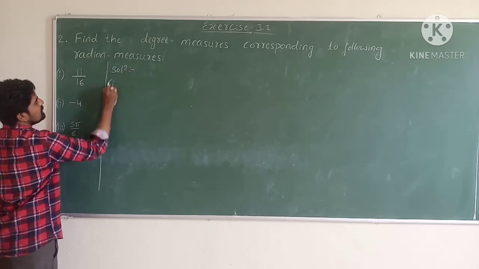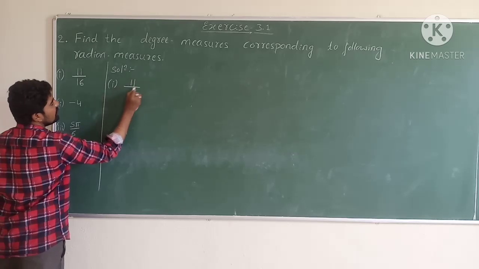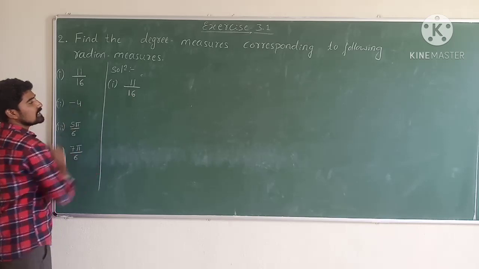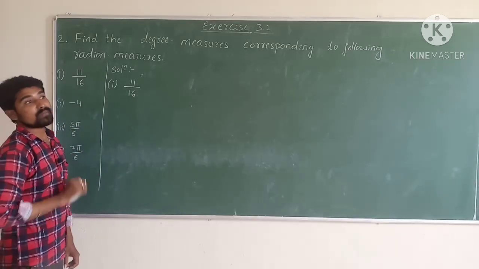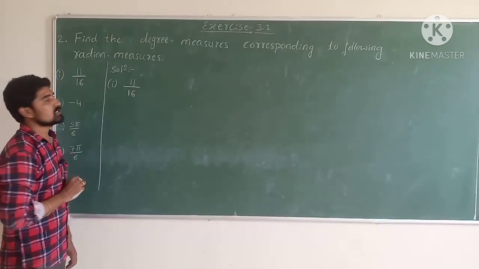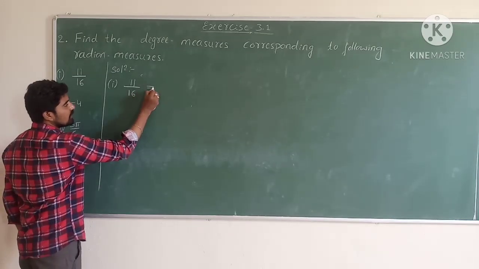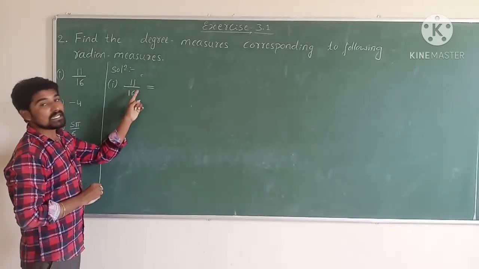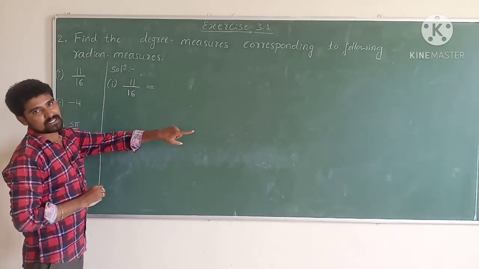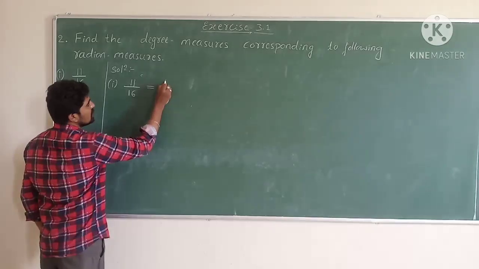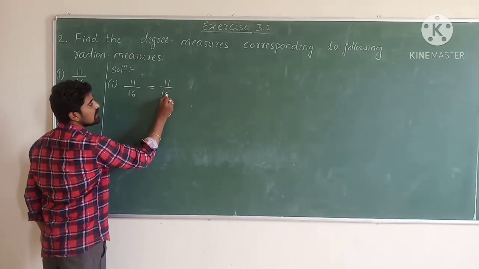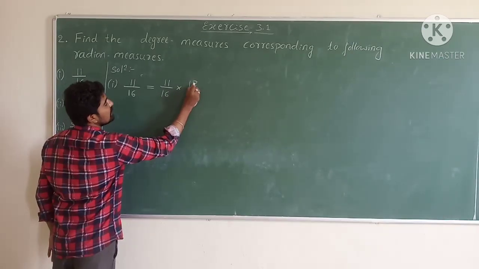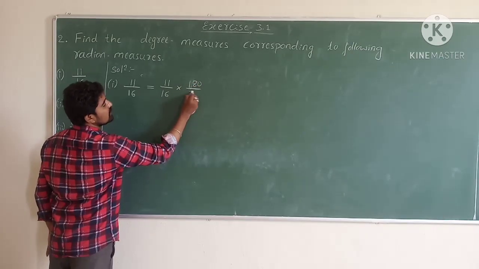First question, 11 divided by 16 radians. When we are discussing the relation between degree measure and radian measure, when converting angles from radian measure to degree measure, we just multiply the given radian measure by 180 divided by pi.